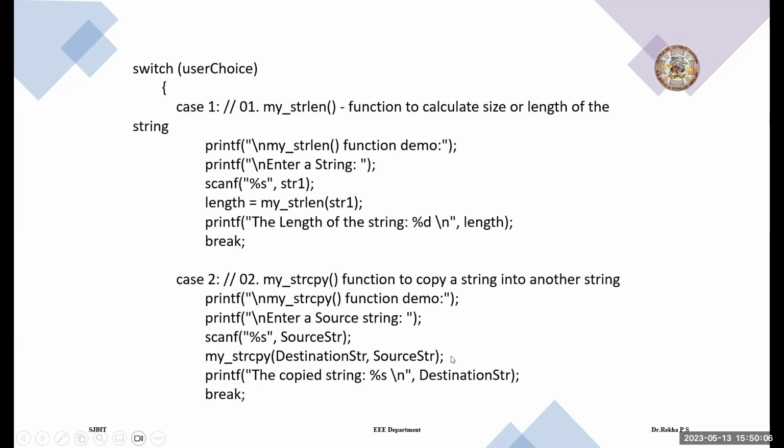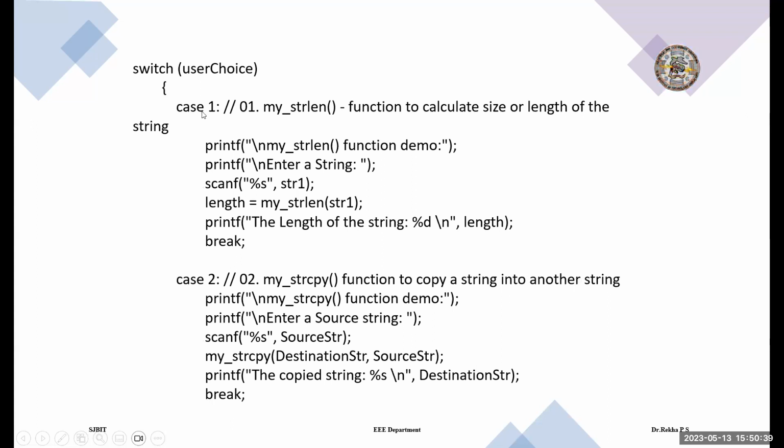After this, the user has entered the choice, and this choice is stored in the user choice variable. Now switch on user choice. This variable contains the choice of the user. So if he has entered 1, it will execute case 1. If he has entered 2, it will execute case 2. So for whichever case it matches, that particular case will be executed.